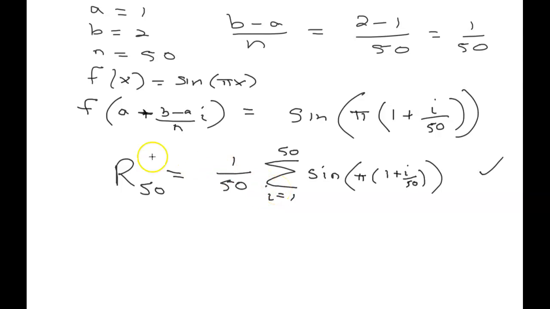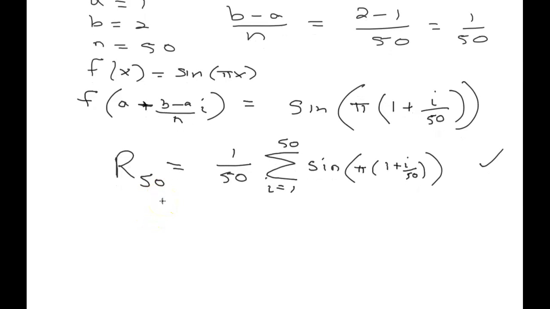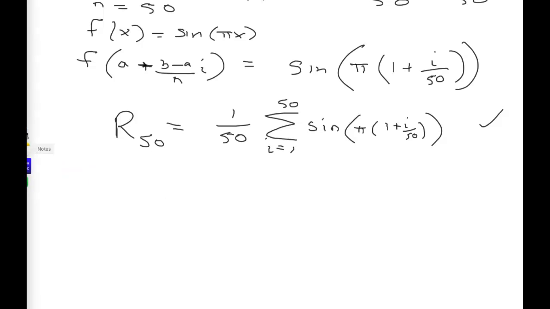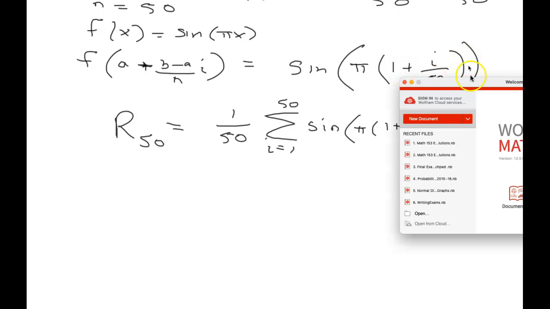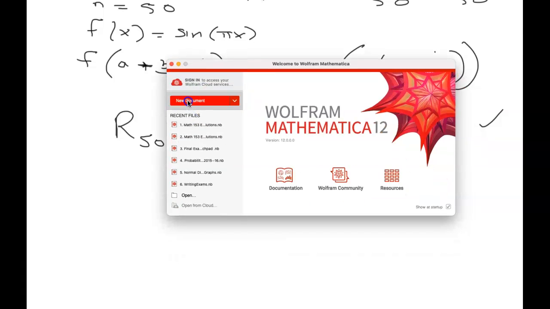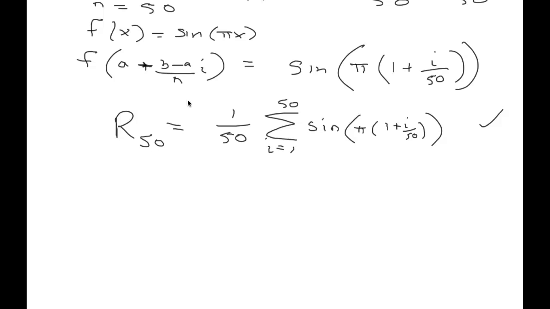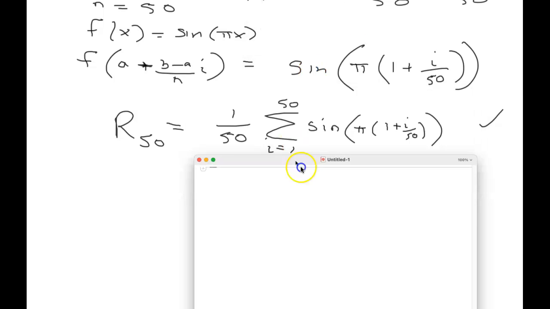I will use Mathematica right now because I'm on a different computer than I usually am. So I'll open up a Mathematica window here, and we'll just calculate this. If you've never used Mathematica before, it does cost some money, but as a student, I think you do get a pretty good discount.